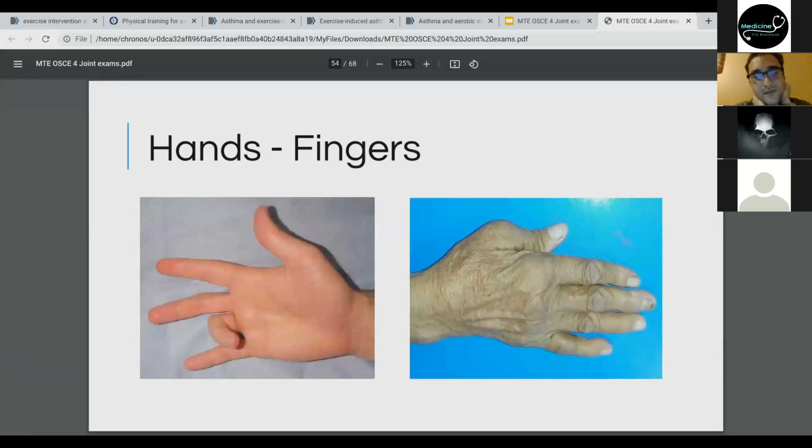Okay, and what's making you think OA, whoever that is? What particular signs are leading you toward that? Base of thumb. I'm going to need more than just base of thumb. Base of thumb what? Someone's written square thumb.